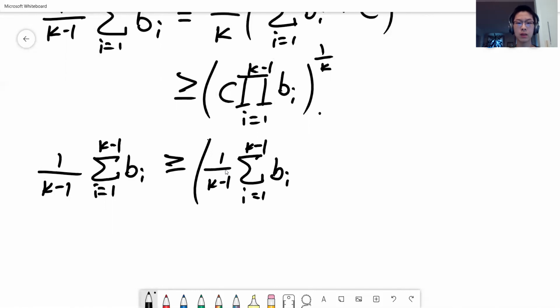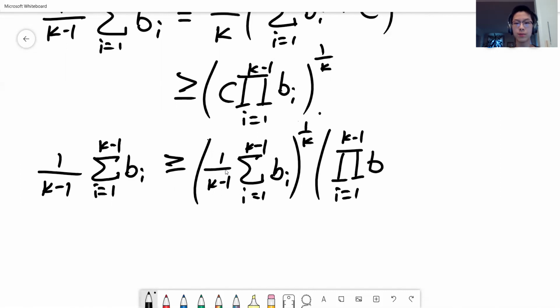And then 1 over k times the product from i equals 1 to k minus 1 of b sub i, which is 1 over k.